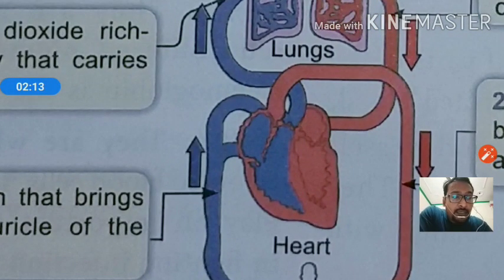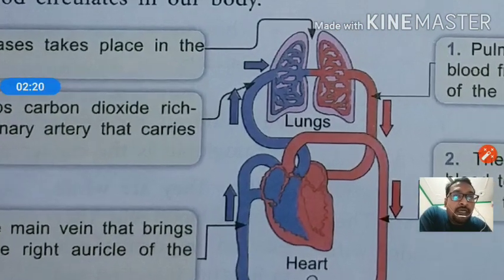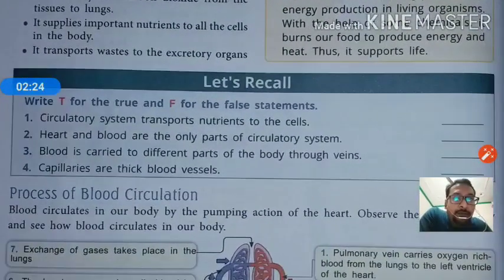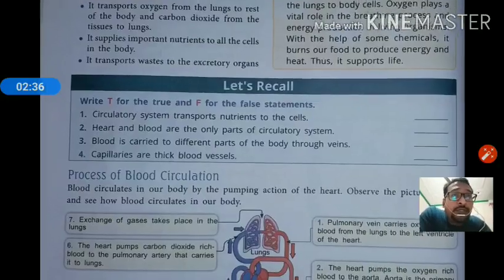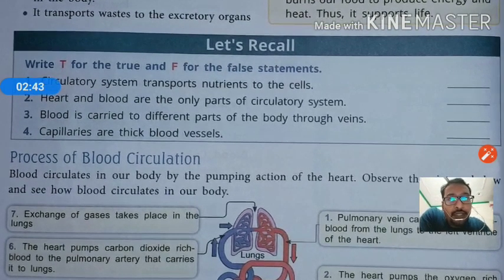This is the right side of your heart, and the heart pumps it to the lungs. Only oxygenated blood can be distributed to all parts of the body, and oxygenated blood is carried only by arteries. So number 3 is also false.